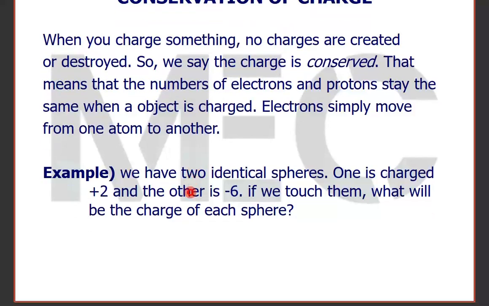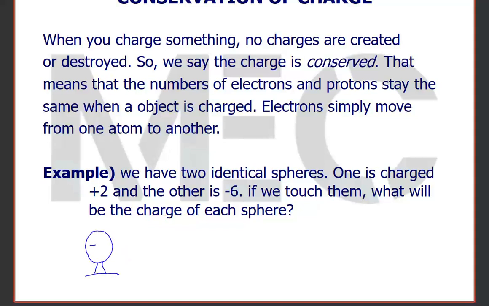Let's do one example. We have two identical spheres. One is charged positive 2 and the other is negative 6. If we touch them, what will be the charge of each sphere? Okay, let me draw what we have initially.